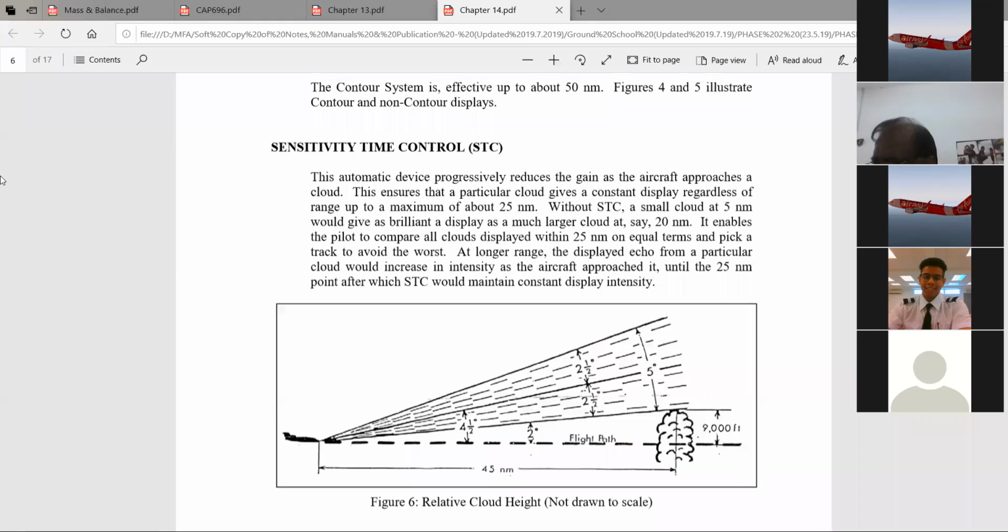I repeat, tilt plus 4, beam width 6 degrees, range 100 nautical miles, flight level 250. Please find the height of the top of the cloud. Flight level 250, that's 25,000 feet.